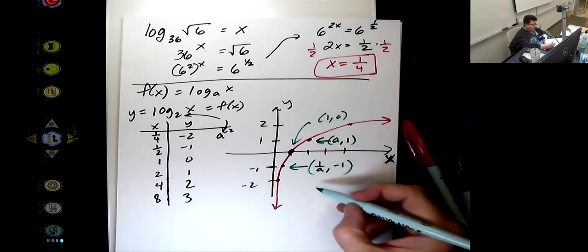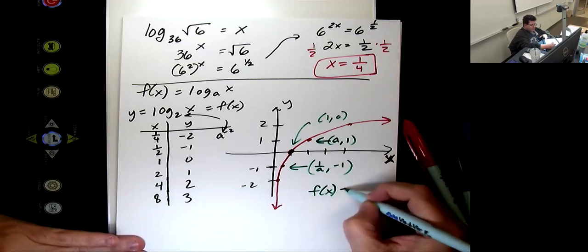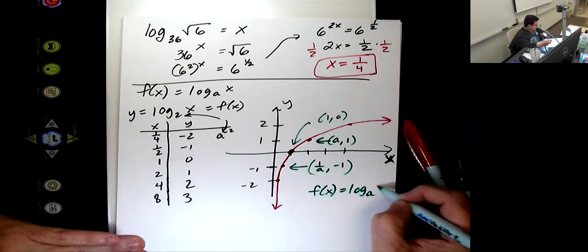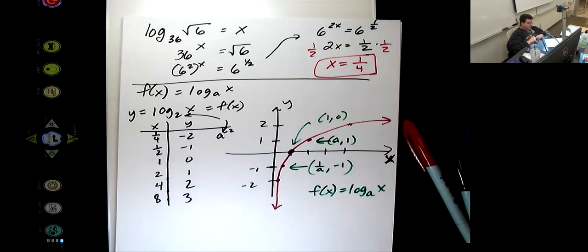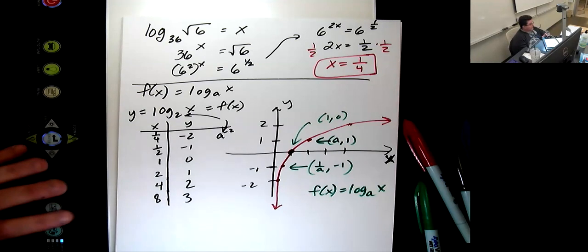So that would be for f of x equals log base a of x. a comma 1 and 1 over a comma -1. That's easier to remember than doing this whole chart every time.